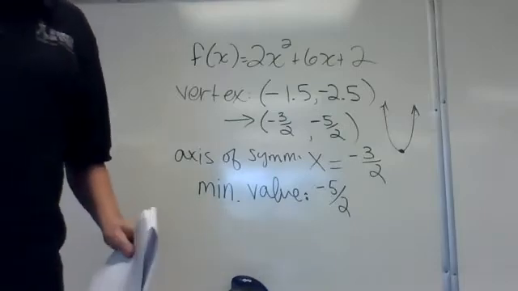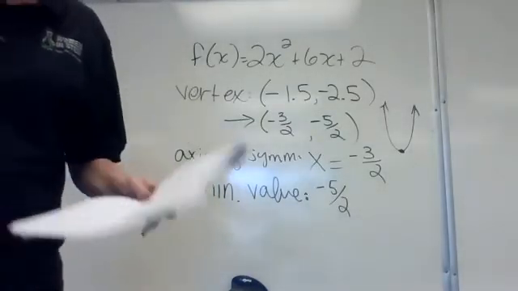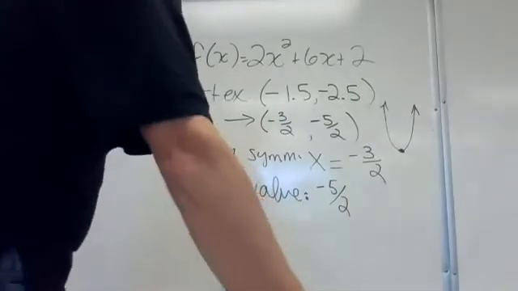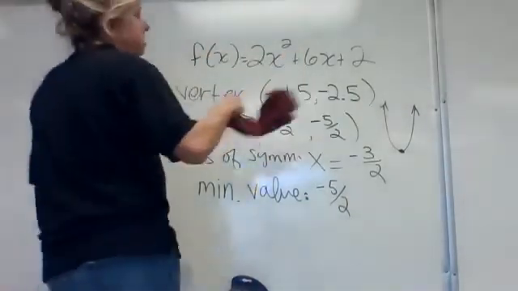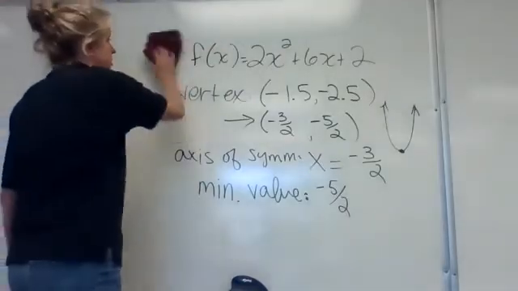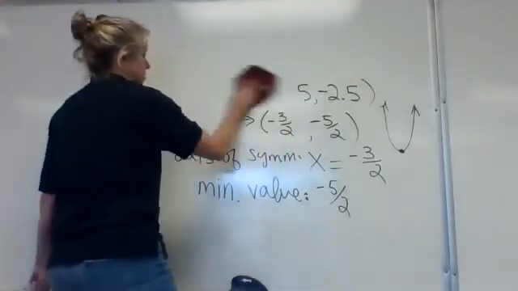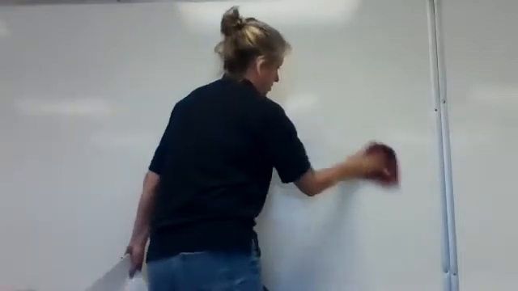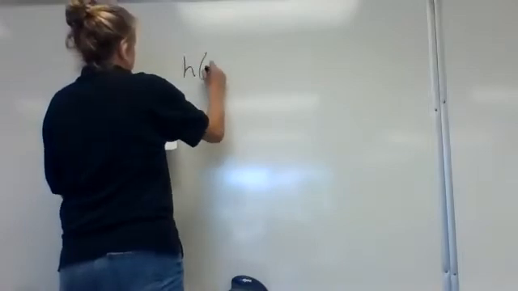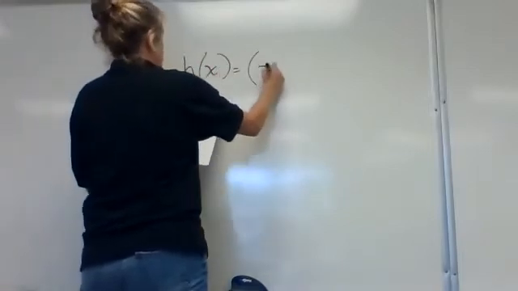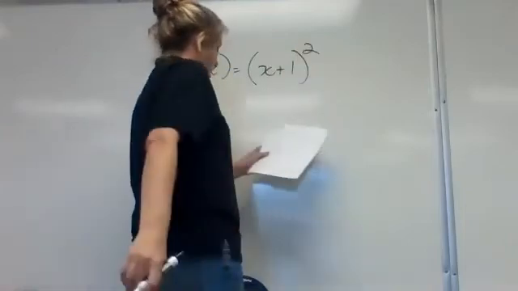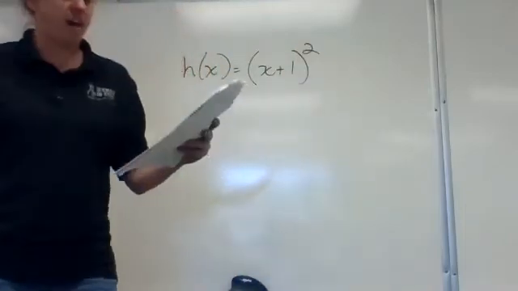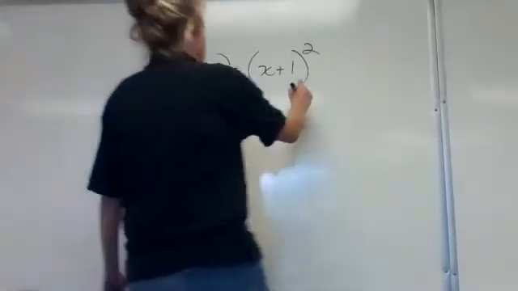Right, number 12 is a true-false problem. And again, it's going along with my shifting rules. It says the graph of h of x equals x plus 1 squared can be obtained by translating the graph of x squared to the right 1 unit.